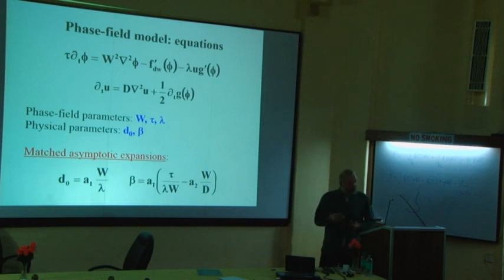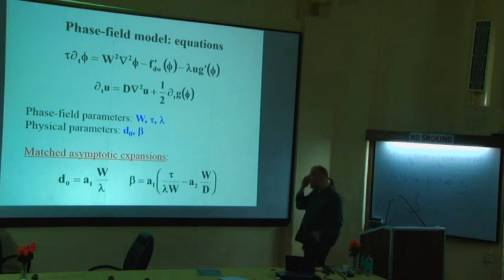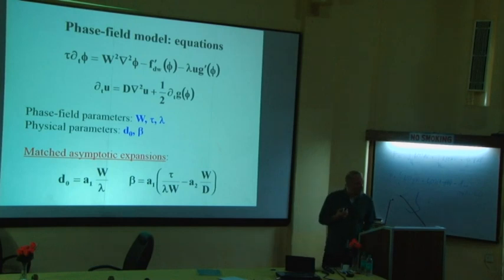But you should be cautious in some sense, because you should ask, well, how can I relate the parameters of my phase field model to the physical parameters? Or in other words, how can I prove that this is the right phase field model to simulate my good free boundary problem? Okay, and here we come to a quite complicated subject that I will not go through in detail with you.